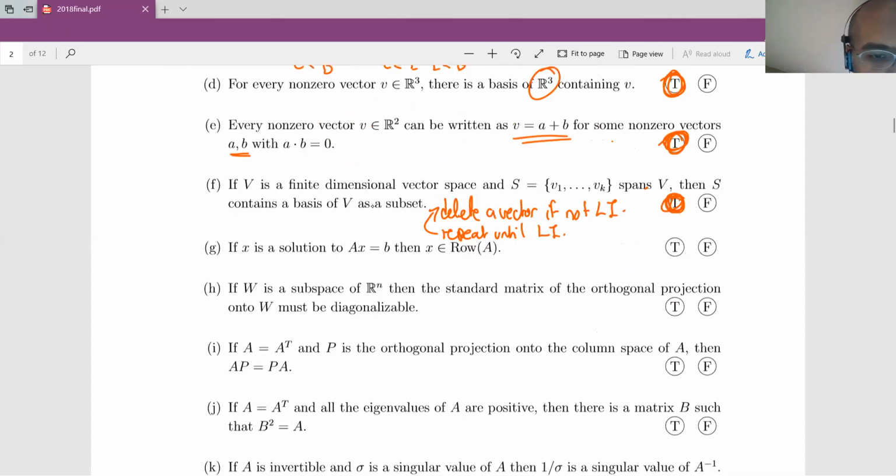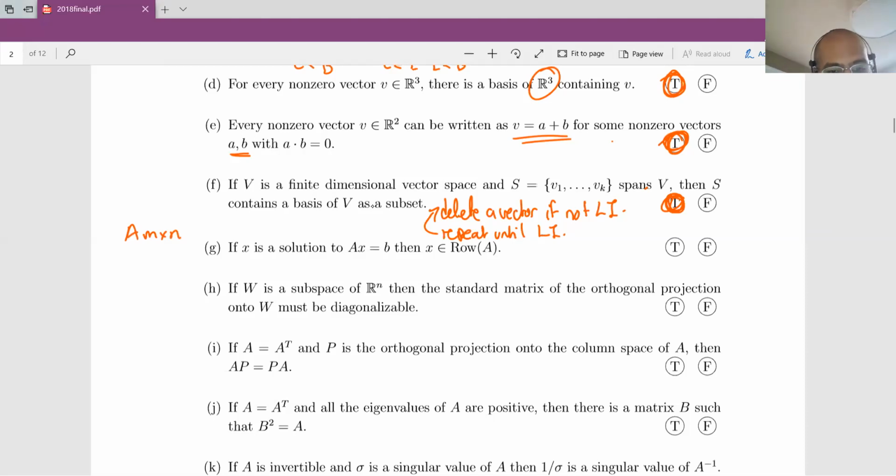Okay. G. If X is a solution of AX equals B, then X is in the row space. Okay. So how would you go about approaching that question? What's the row space, by the way? So let's say A is an M by N matrix.